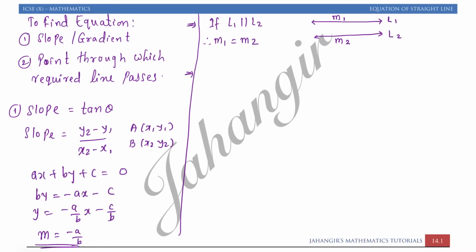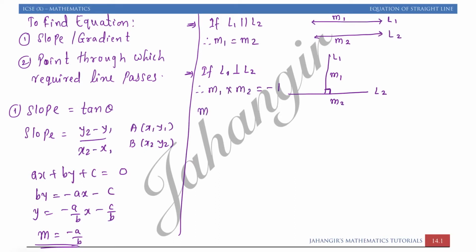And if two lines are perpendicular, this is L1, this is L2. Slope of L1, let's say it as M1, slope of L2, let's say it as M2. If L1 is perpendicular to L2, then the product of their slopes is equal to minus 1.